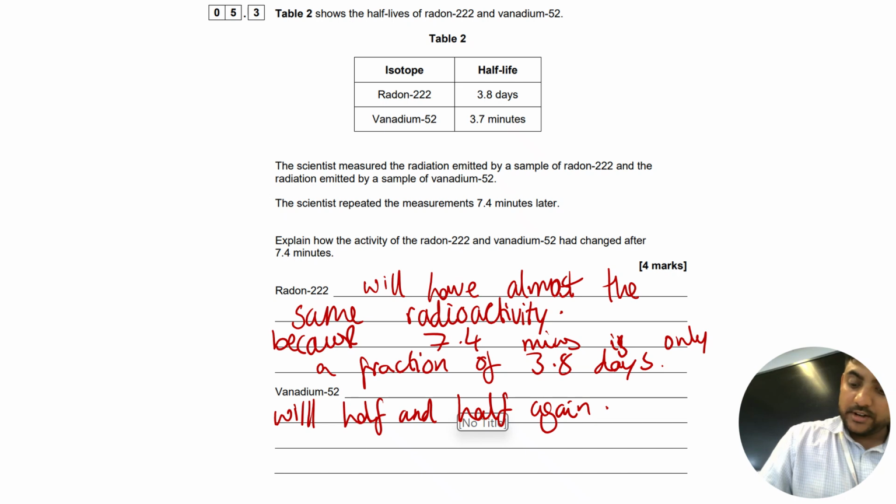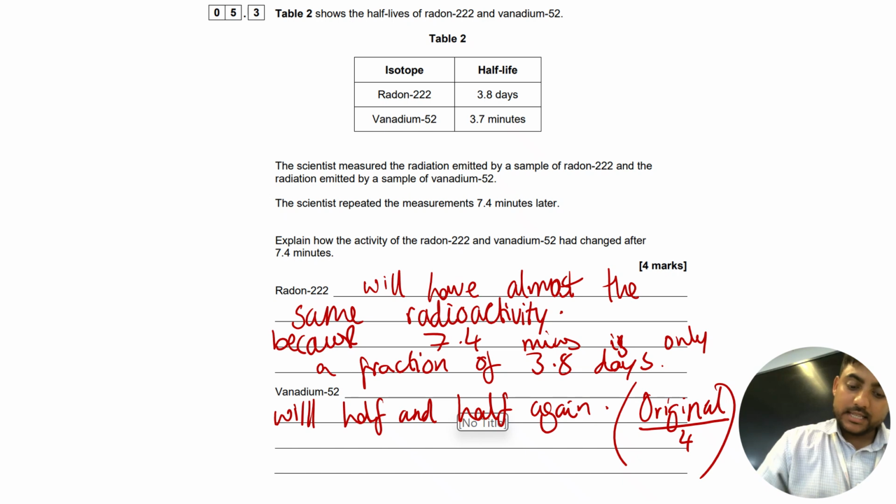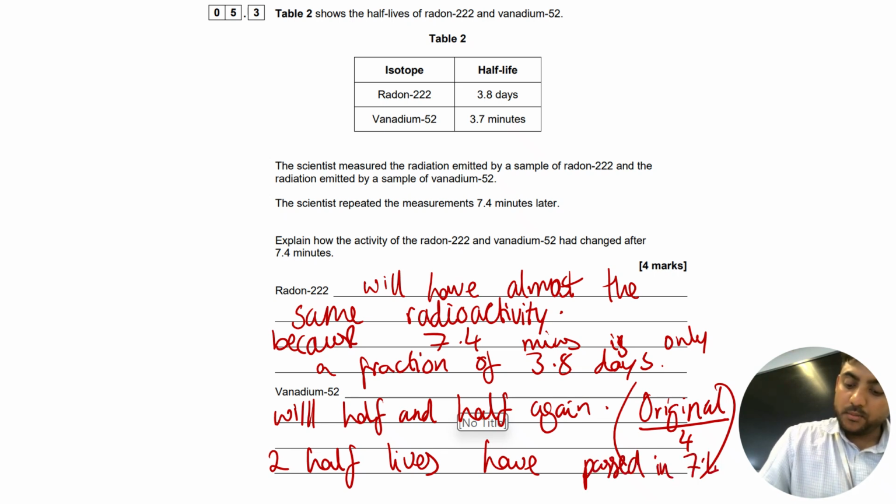Which means original activity divided by 4. Why is that? Because 2 half-lives have passed in 7.4 minutes. In other words, 3.7 times 2 is 7.4 minutes.